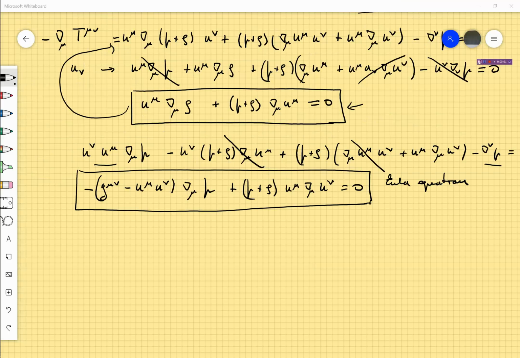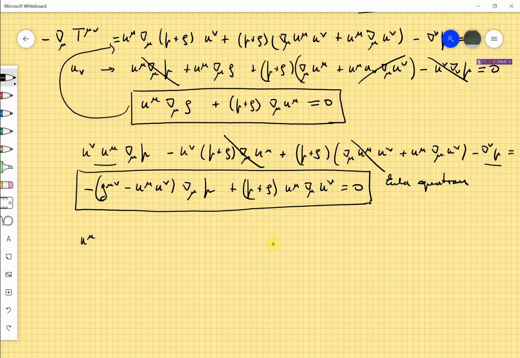Having decomposed the equation ∇_μ T^μν equals 0 into components parallel to the velocity and orthogonal to the velocity, now we are going to specify the velocity. More than specifying the velocity, it is really a choice of coordinates. We are going to choose coordinates which are co-moving with the fluid.